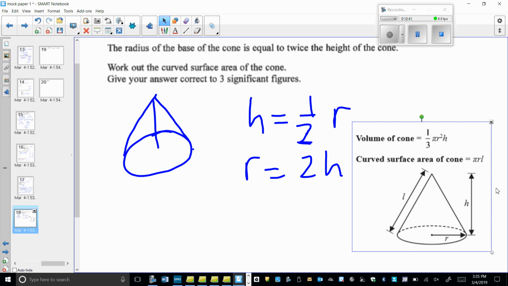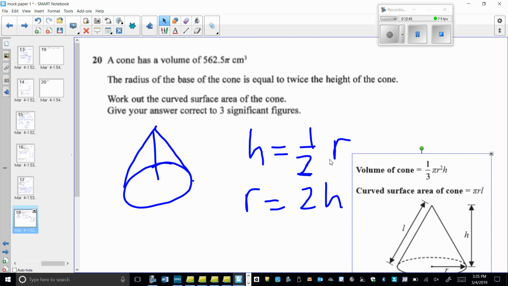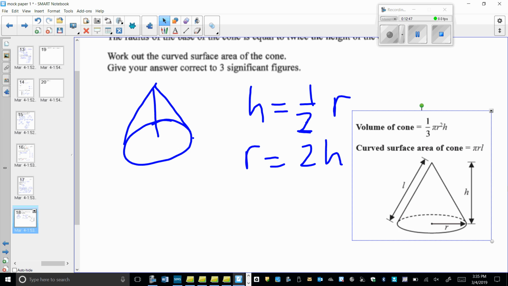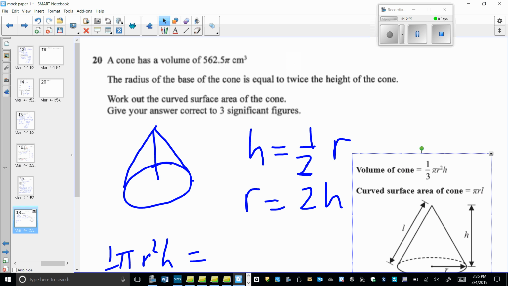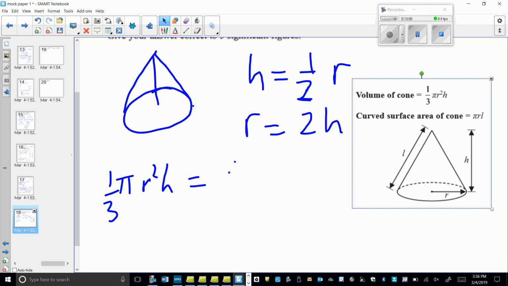Alright, so the volume is 562.5 pi. So 1/3 pi r squared h is equal to 562.5 pi. That means that I can cancel out the pi's.